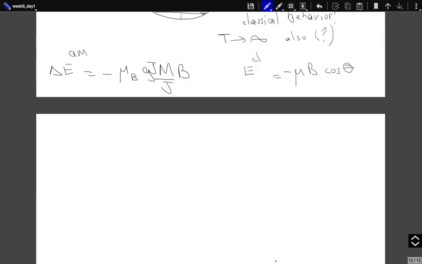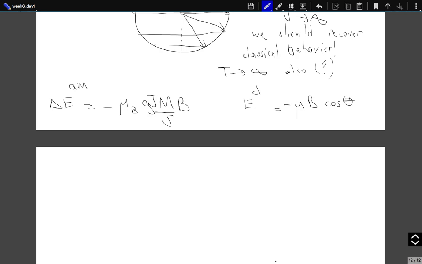So to recover the classical limit, what we should do is j goes to infinity, but mu b times g times j should be finite.